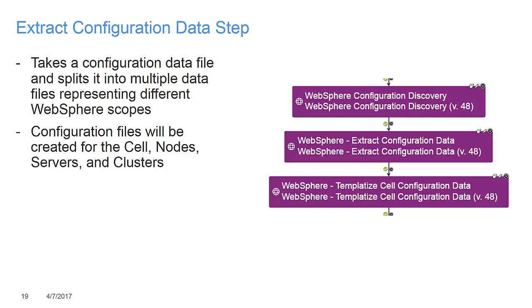So all of your nodes, all of your servers, all of your cluster configuration data will be stored in one file. This step takes that one file and splits it up into different pieces depending on the WebSphere scope. So it'll split out the cell specific configuration, configuration for each of the nodes, each of the servers, and each of the clusters.